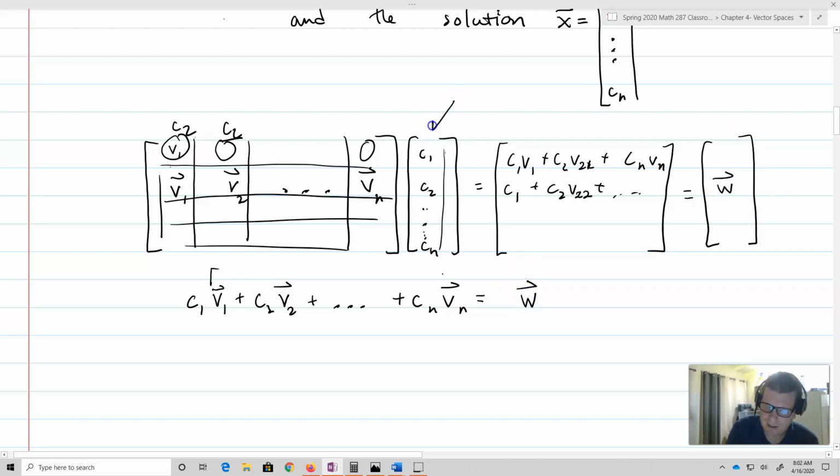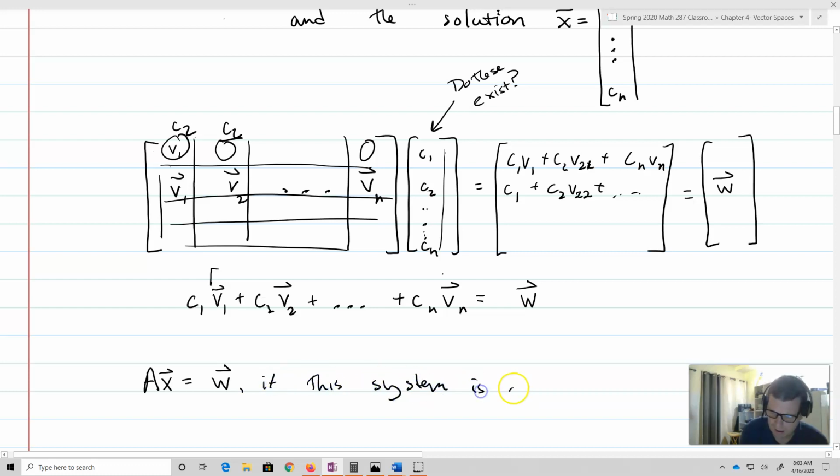Now the question is, do these exist? What you want to notice is that we've set up a system, AX equals W. If this system is consistent, that is, we have a solution, then the scalars exist because X exists.